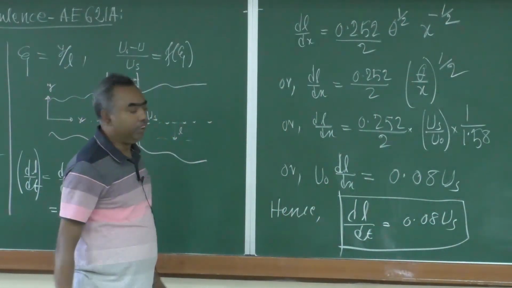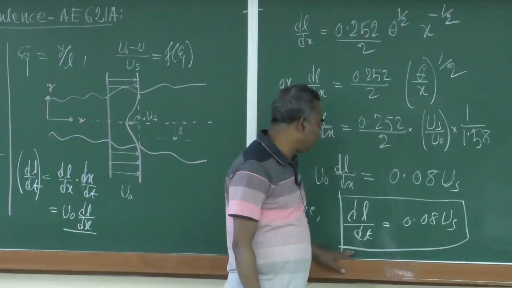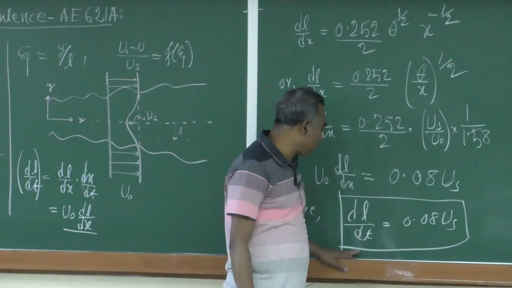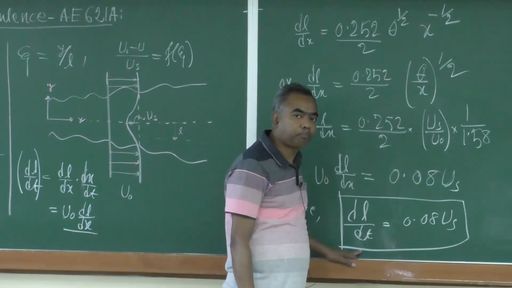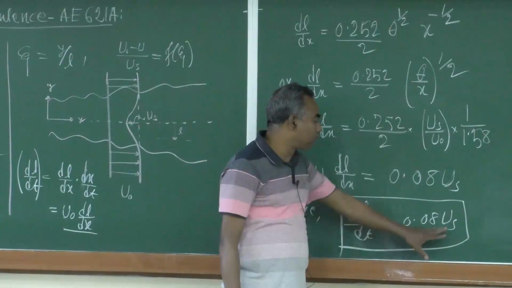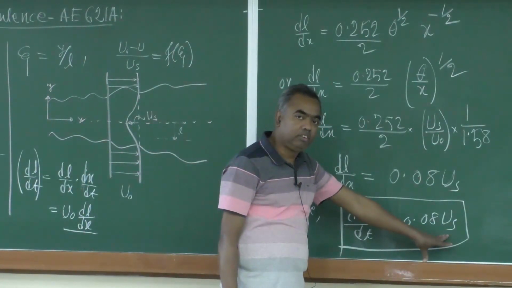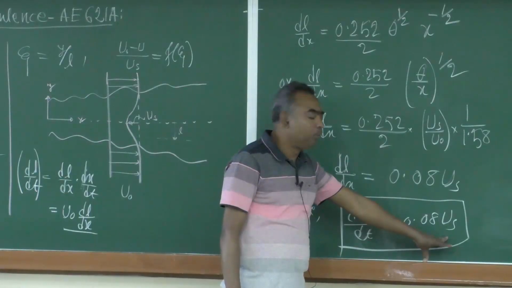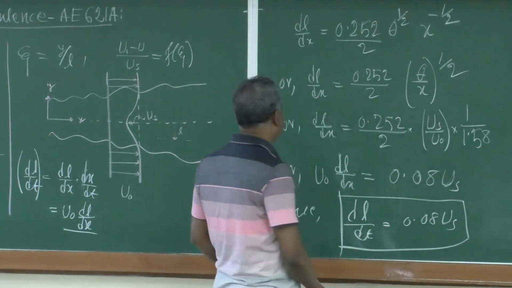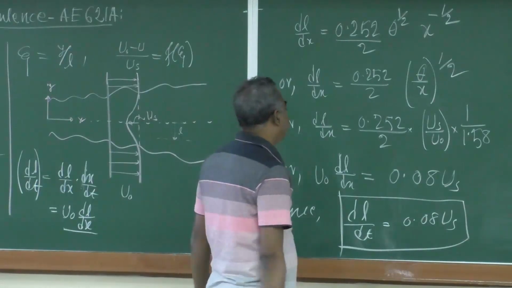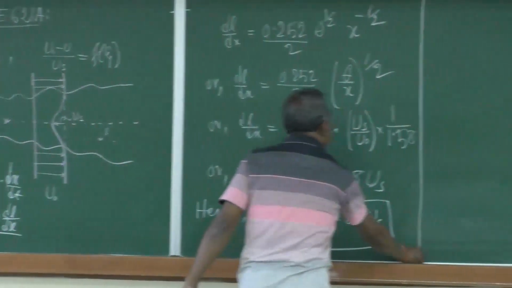So, this needs to be kept in mind. Both the velocity ut as well as dl dt, which is also a sort of velocity, are proportional to US, which is expected in the case of self preserving wake. So, these are the relations. Now, there are two time scales we can find out.